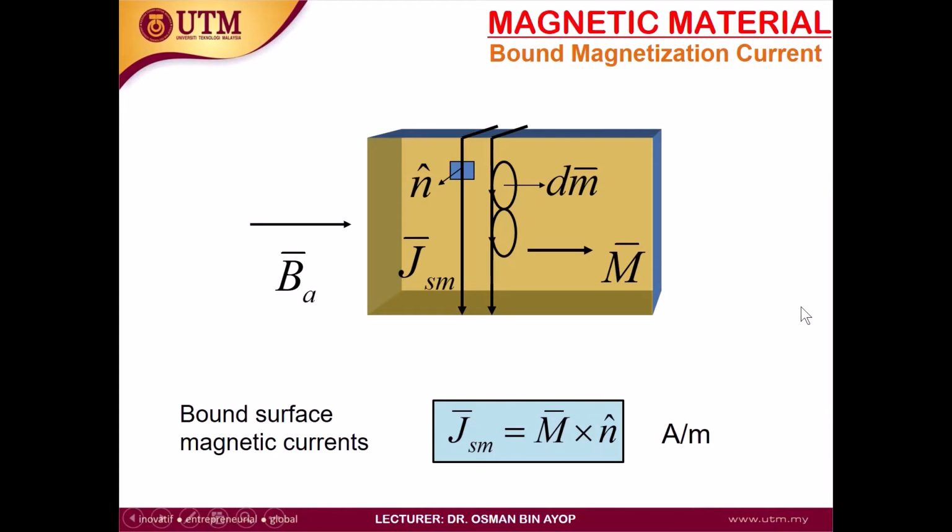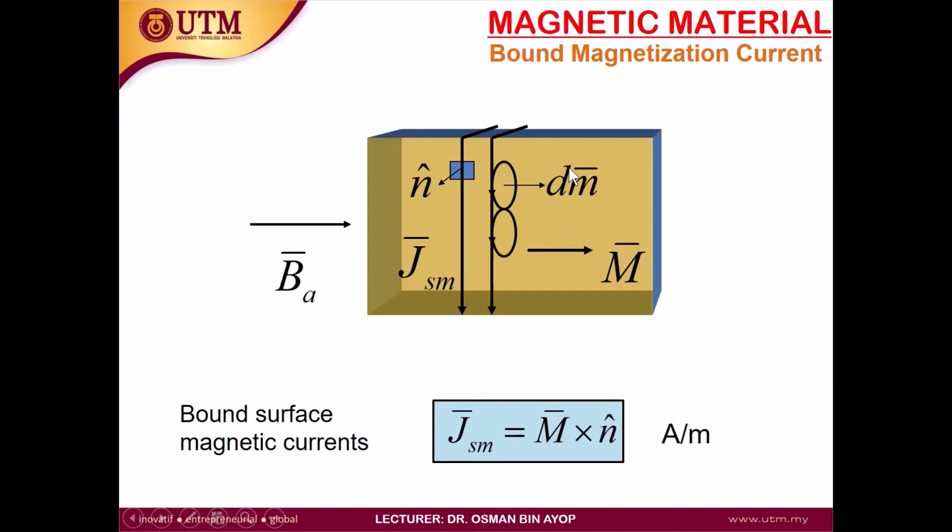Alright, please consider this figure. Imagine we have a lot of dipole moments in our magnetic material, arranged in such a way that they produce magnetization.